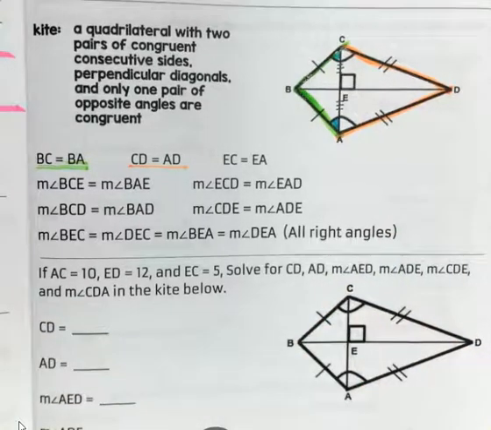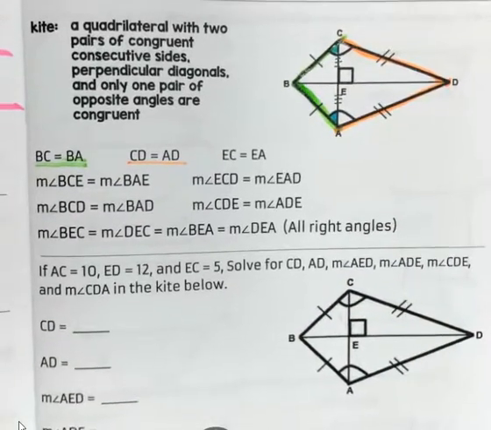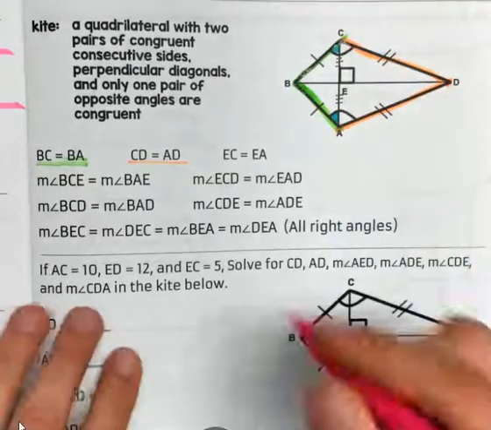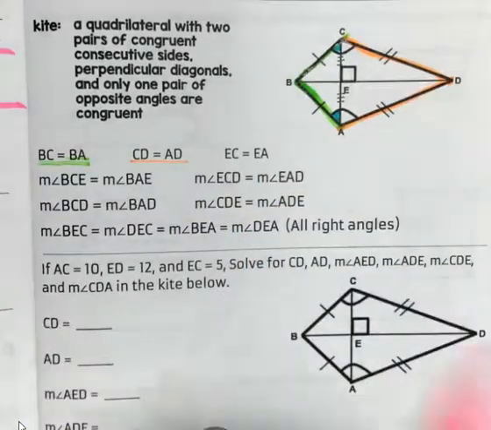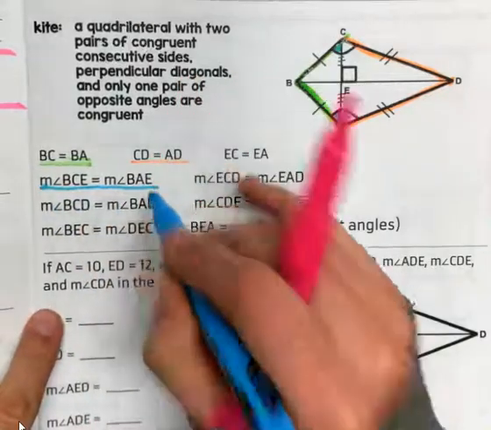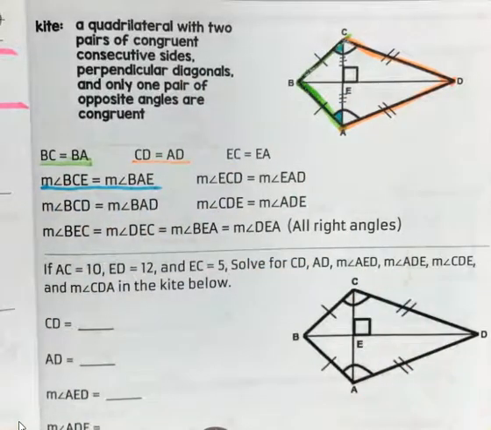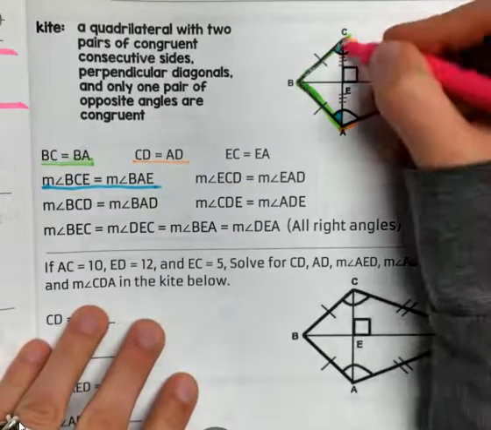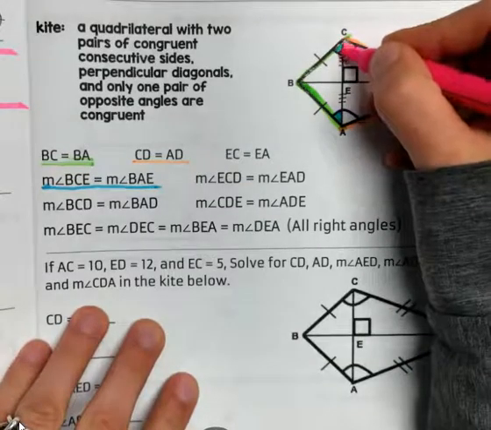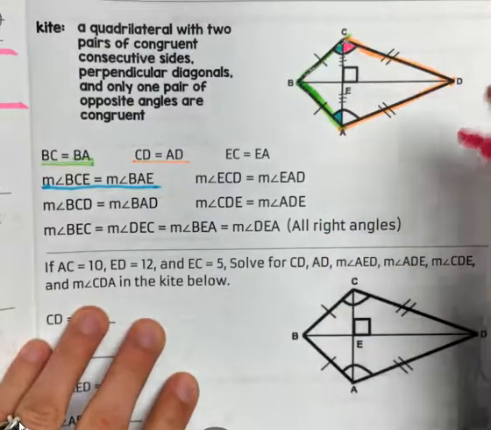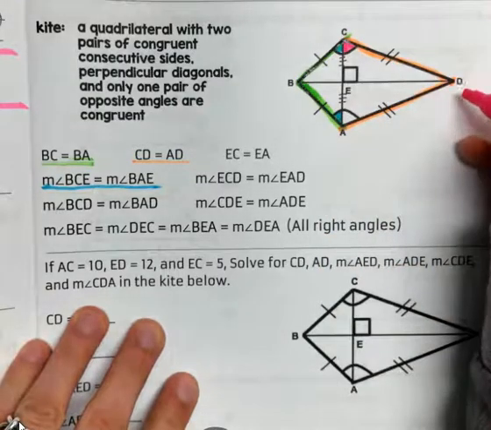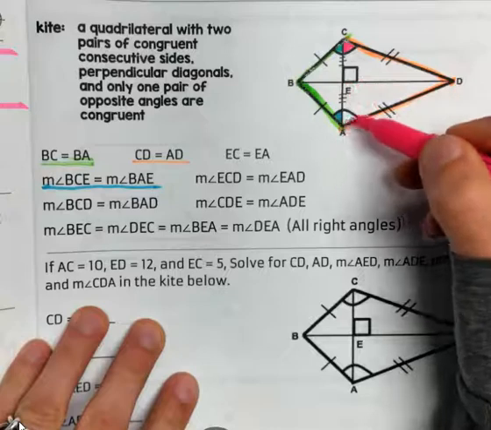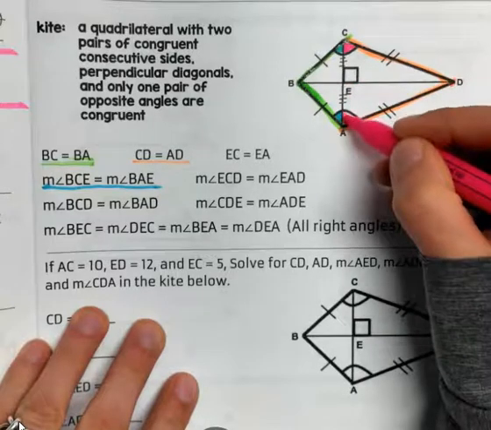Okay? Then we have angle ECD, that's my blue, this angle, is equal to angle EAD, so that's this angle right here.